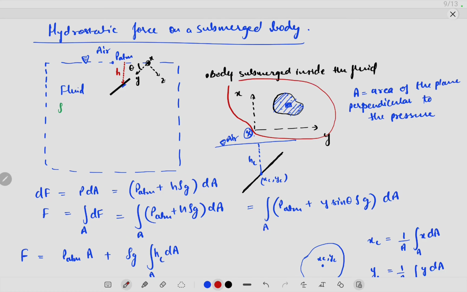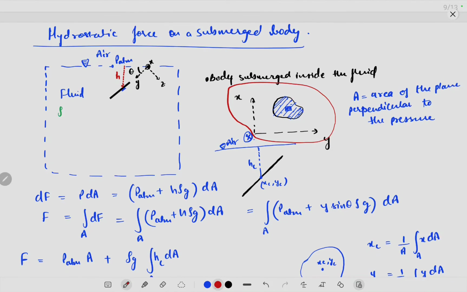From your high school you know that torque is r vector cross f vector, right? Or what we usually write is the perpendicular distance of the force times the force acting on that body, right?